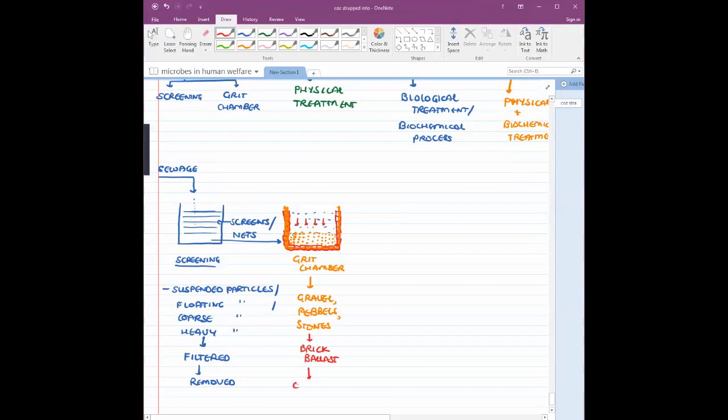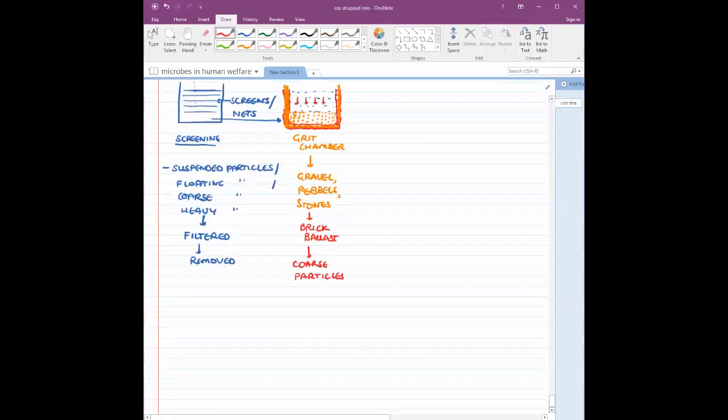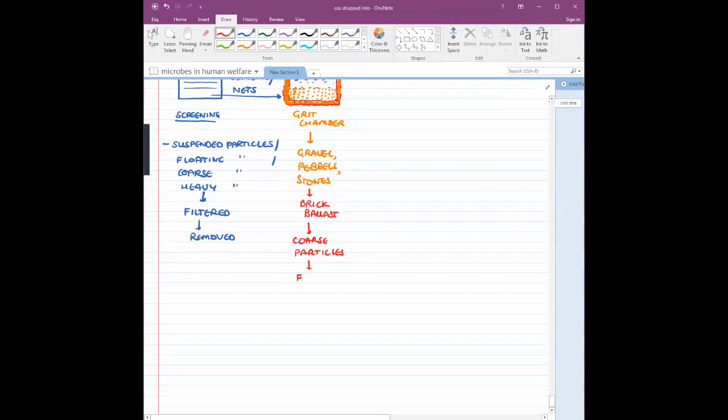So the coarse particles are filtered by gravity. Guys, see, the majority of the stuff is going to be removed.